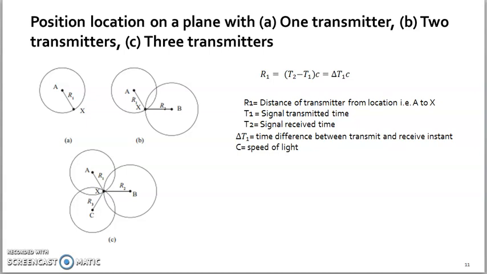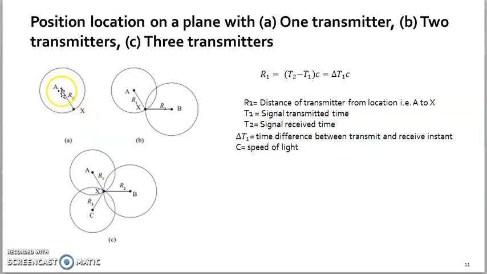Now we don't know at what place the transmitter is present, but we are receiving at some particular place a transmitted signal from A. The distance of the transmitter from our location can be calculated if we know the time taken by the transmitted signal from A to reach the position at X here.